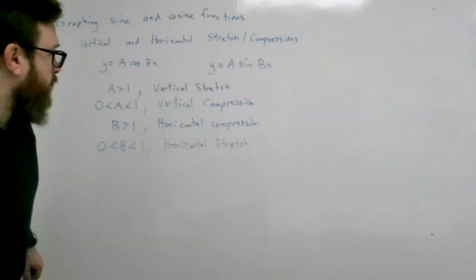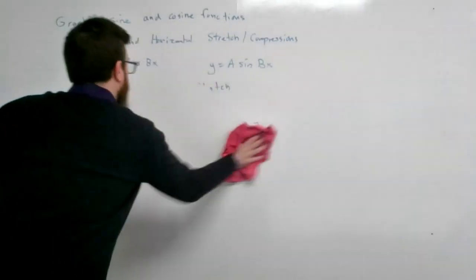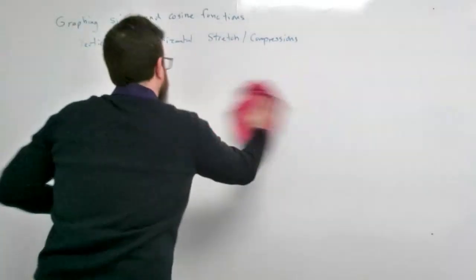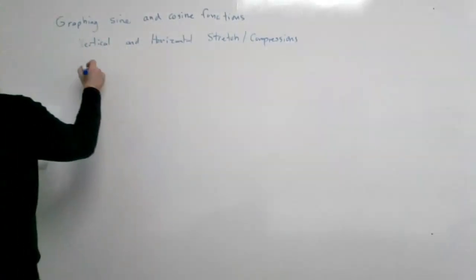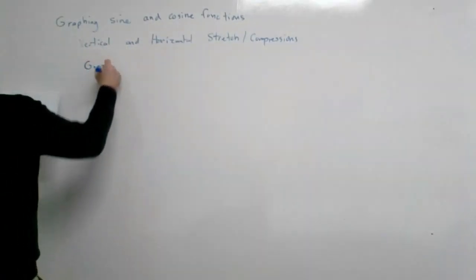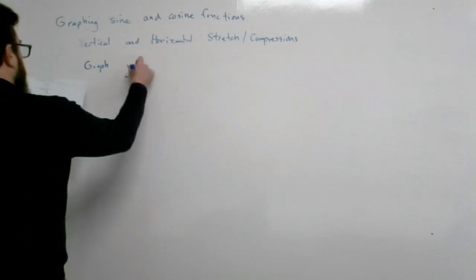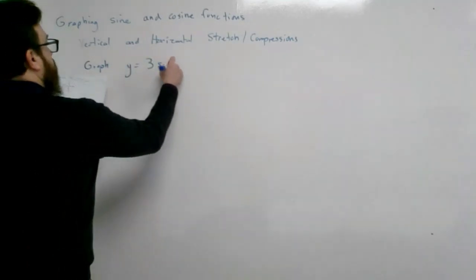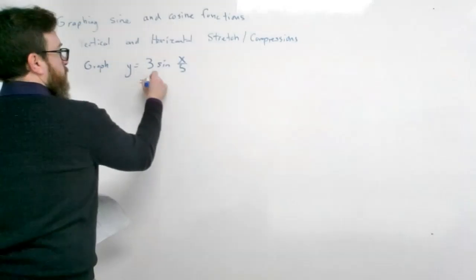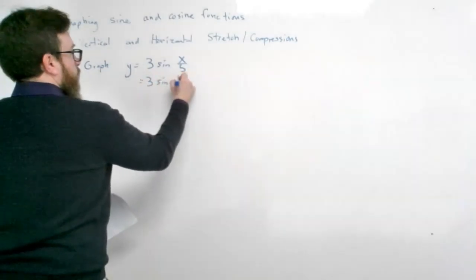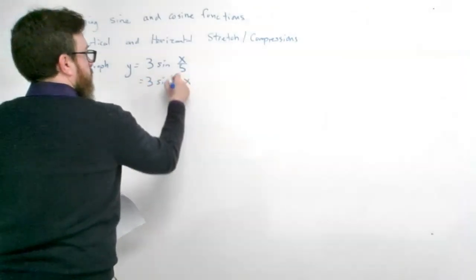So what I want to do is I want to graph a couple of these. So let's graph y is equal to 3 sine of x over 5. Note that this is the same thing as 3 sine of 1/5 times x.